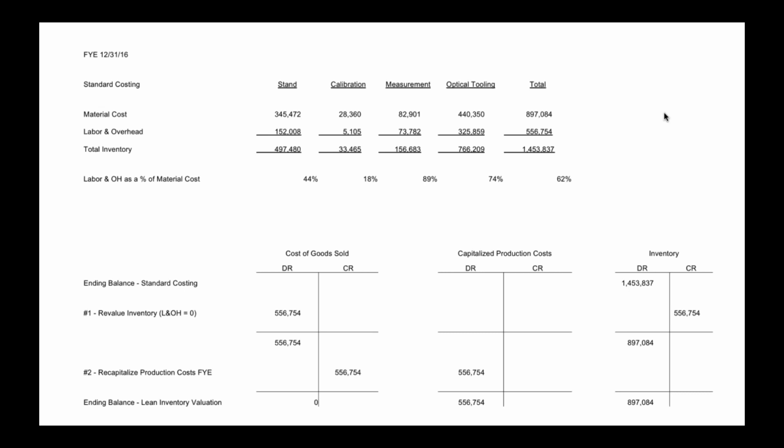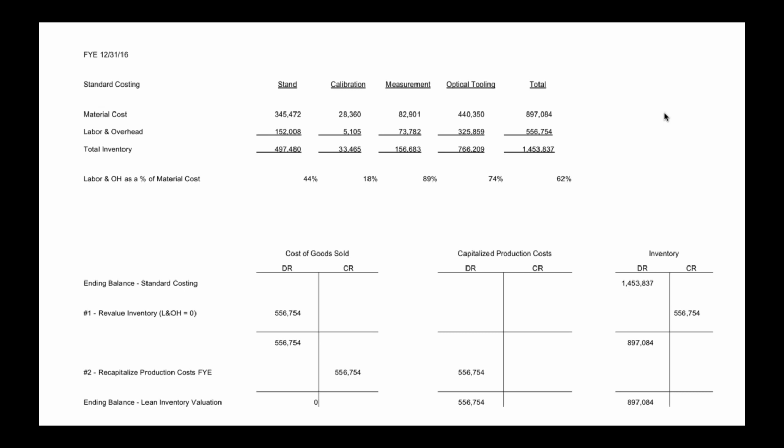The first thing we have to do is turn our labor and overhead rates to zero. So if you look at the T accounts below, number one is we revalue inventory in the ERP system. So we set our labor and overhead rates to zero and we revalue. What happens in the general ledger is that material is credited for the total labor and overhead, and it goes back to cost of goods sold.